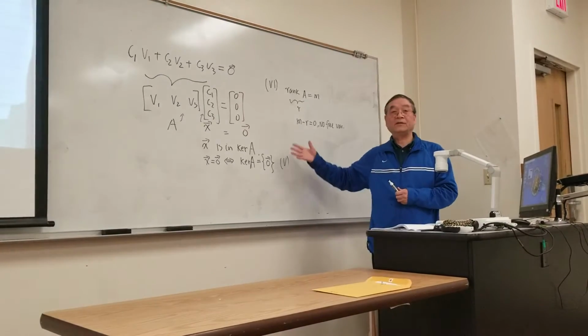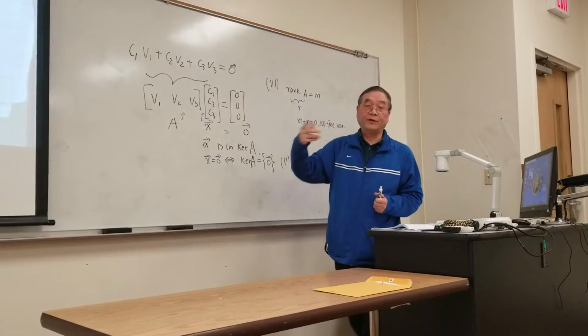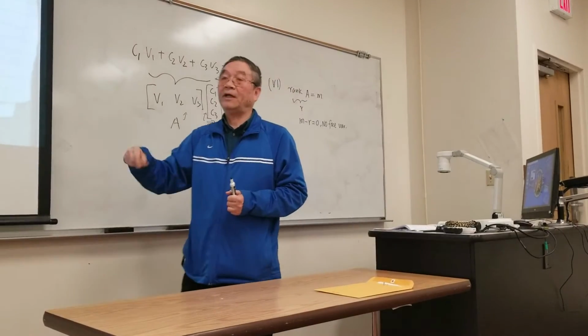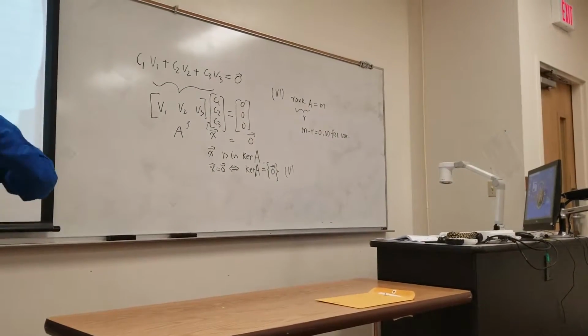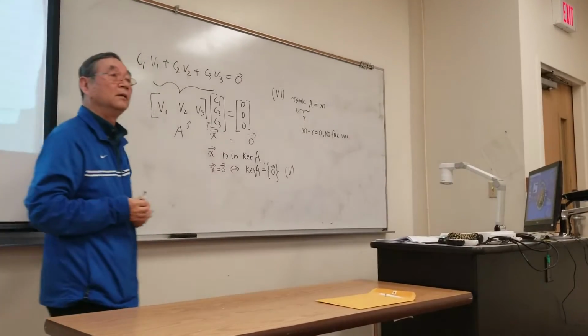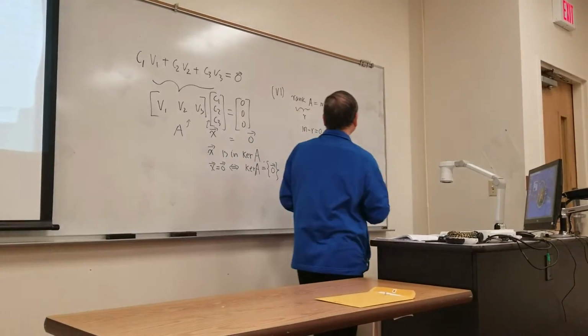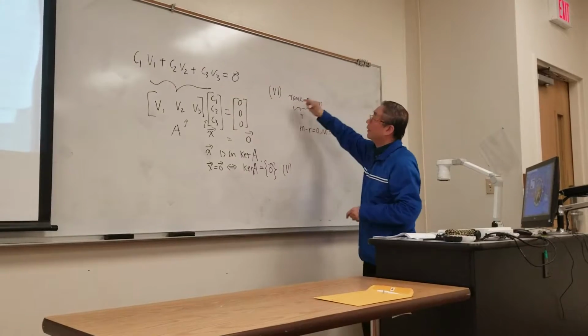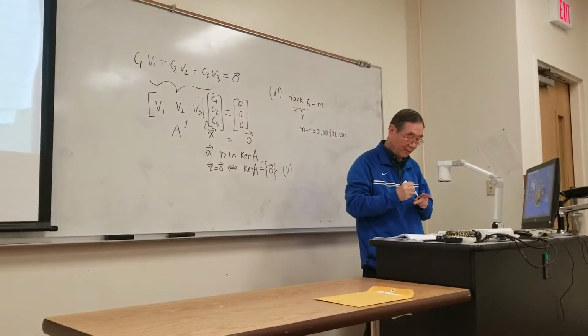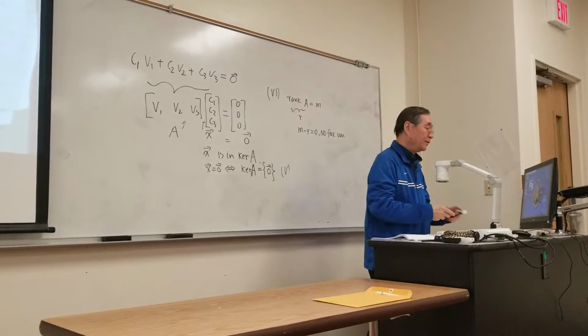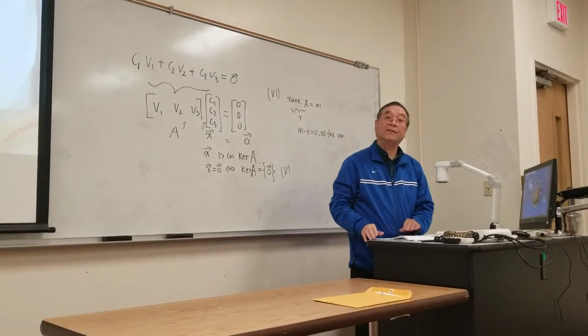So C1, C2, C3. If one of them is free variable, I will set a value 1 to it. I wouldn't set a 0 to it, right? Because I want to find a non-trivial relation. So that is one. Why? We have the sixth statement. So all these are equivalent. So I think it's good to spend a few minutes to review this table, okay?